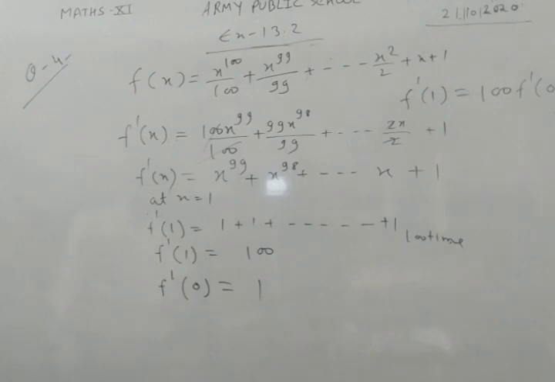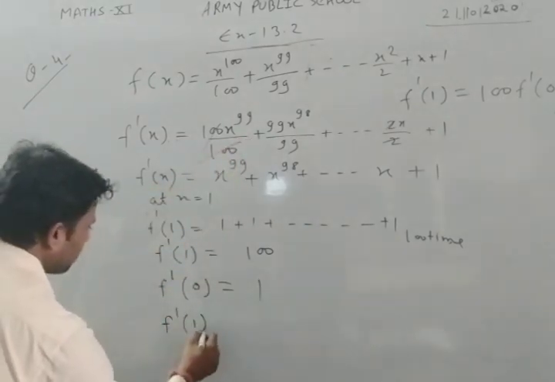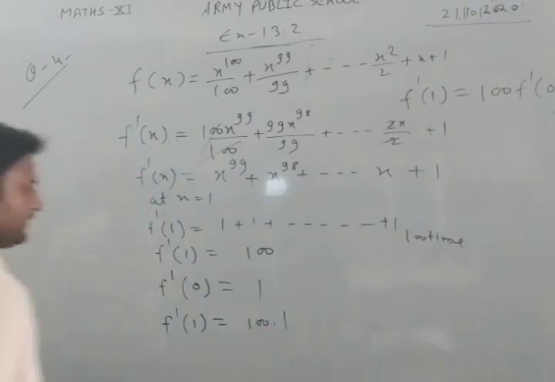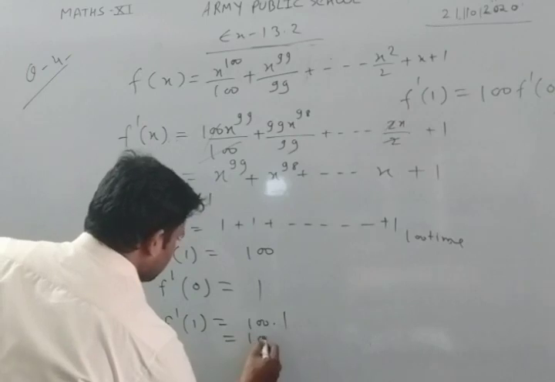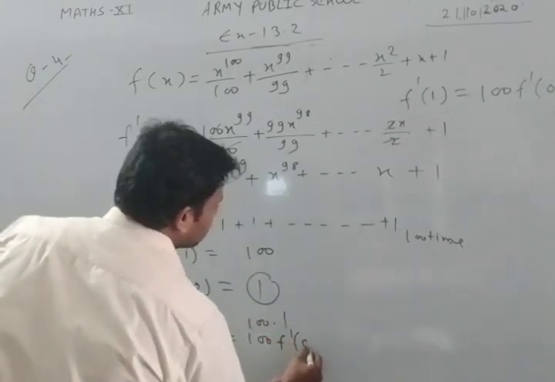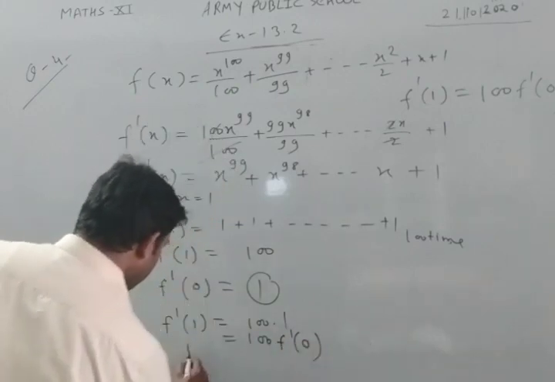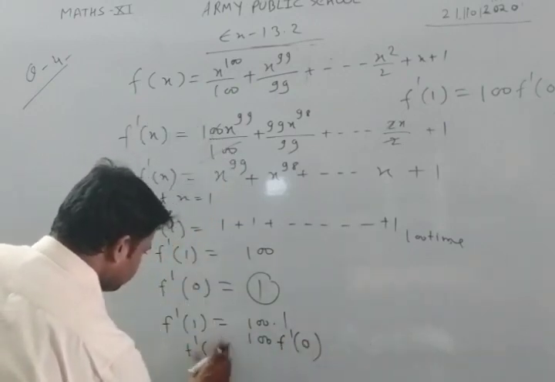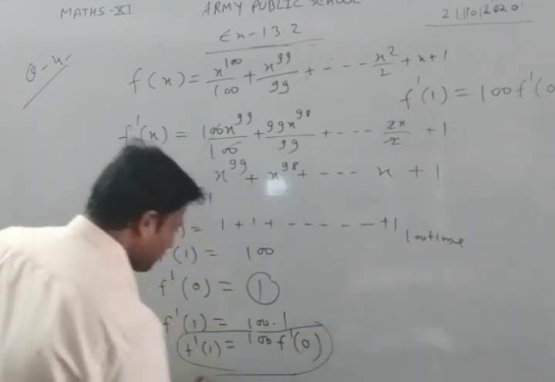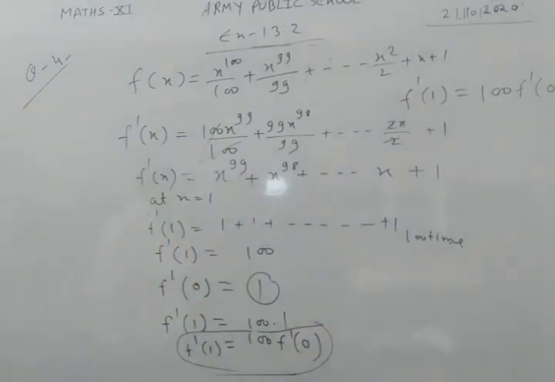Now we have to prove that this f dash 1 is 100 into 1. We can write now this is 100 and this 1 is f dash 0. In this way we can prove that f dash 1 is equal to 100 into f dash 0.